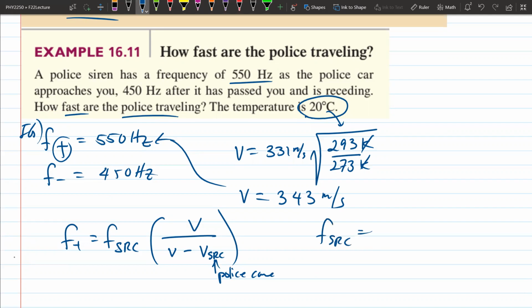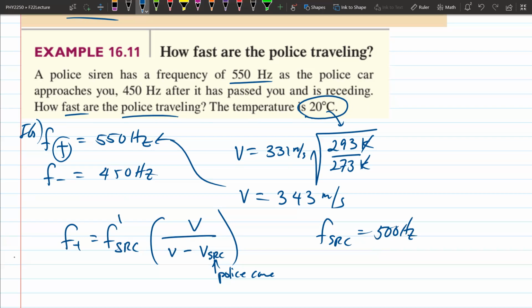Anyone want to guess? Any guess is valid. You subtract them. That's the beat frequency, right? But if it's approaching you and it gains 50 hertz, and when it goes away from you, it loses 50 hertz, what is the actual frequency of the sound when it's not moving? 500 is the average of these guys. Exactly.